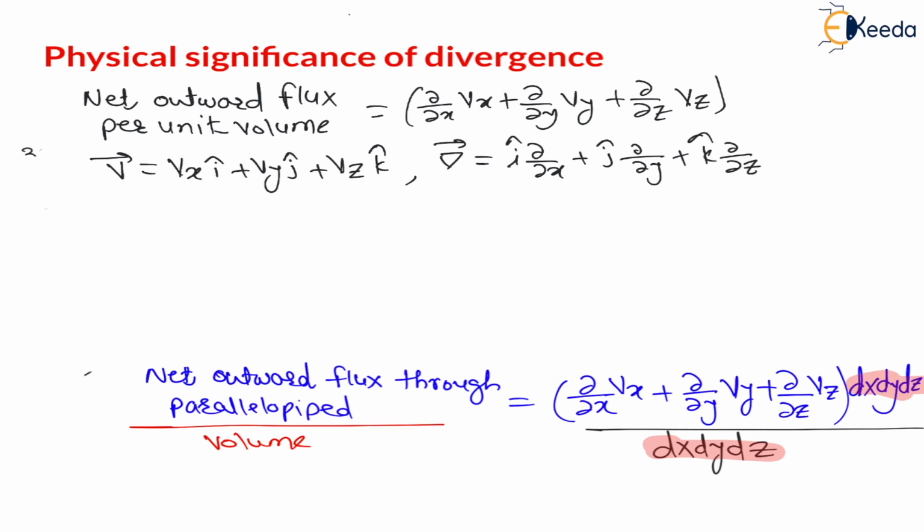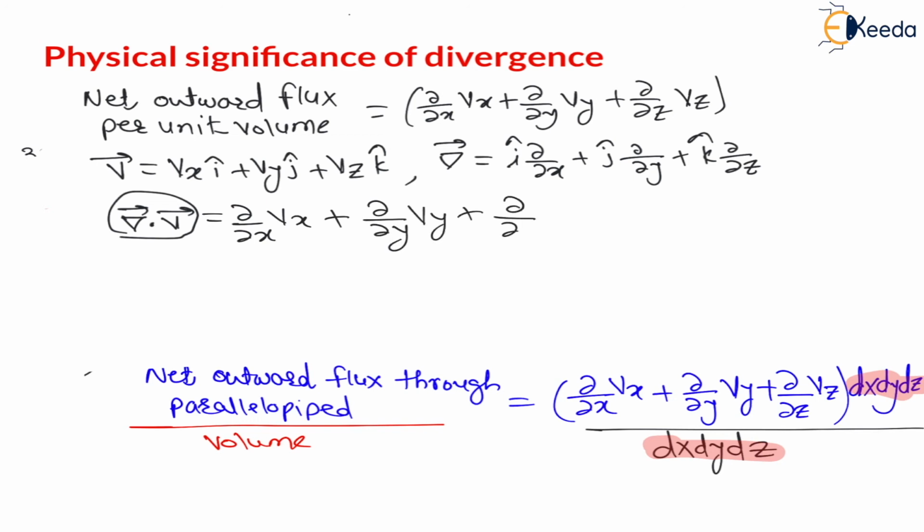If I consider the dot product between them, with the del operator applied on the velocity vector, we will get the divergence. In a dot product, there is a direct multiplication of the coefficients and addition of them: ∂/∂x into vx plus ∂/∂y into vy plus ∂/∂z into vz. And this we got as the net outward flux per unit volume.